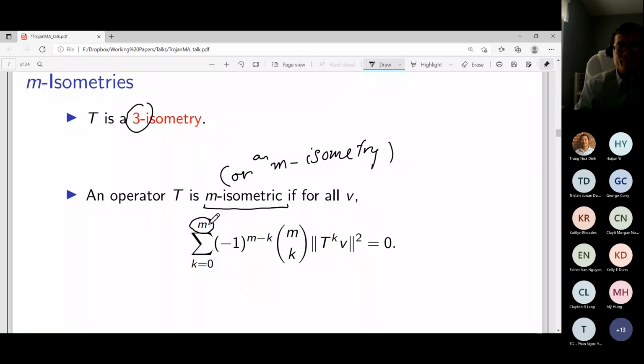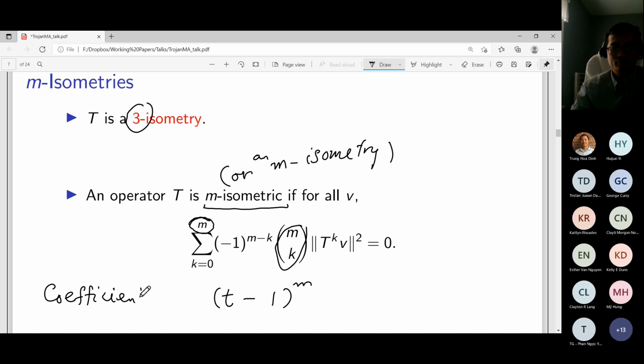So we have the m, and then we have the binomial coefficient, and for T we raise to the power k, with k running from 0 to m. So we have V, and then TV, and then T squared V, etc. And the coefficients come from T minus 1 to the m. That's where the coefficients come from.